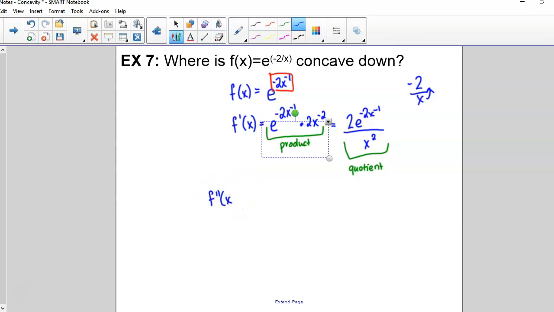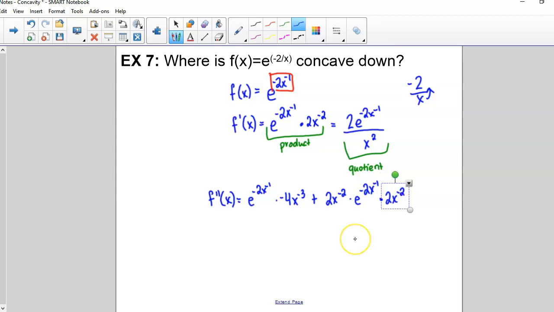F double prime of x would equal e to the negative 2x to the negative 1 times the derivative of 2x to the negative 2, which is negative 4x to the negative 3, plus 2x to the negative 2 times the derivative of e to the negative 2x to the negative 1, so e to the negative 2x to the negative 1 times the derivative of negative 2x to the negative 1, which is going to be 2x to the negative 2.